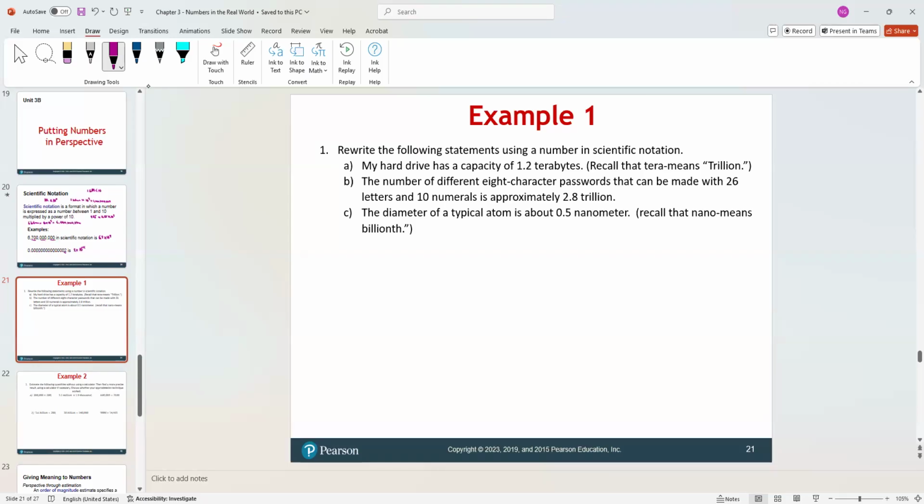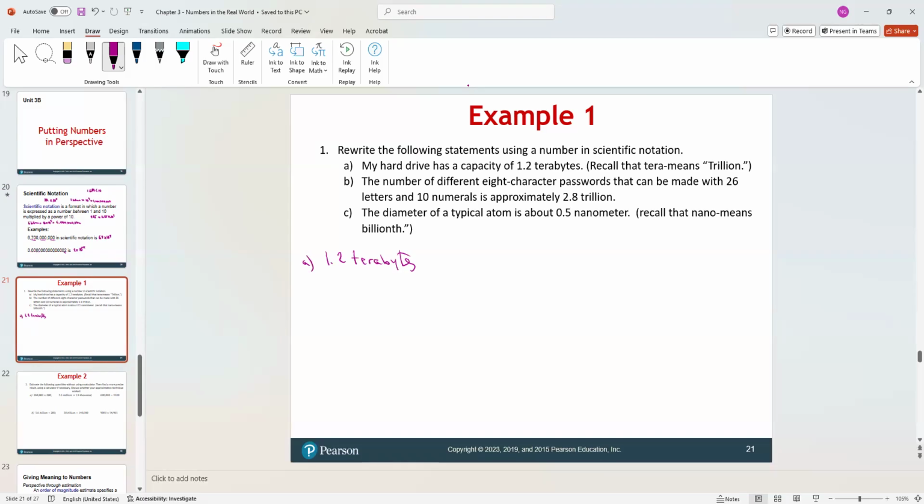Rewrite the following statement using a number in scientific notation: my hard drive has a capacity of 1.2 terabytes. Recall that tera means trillions, right?